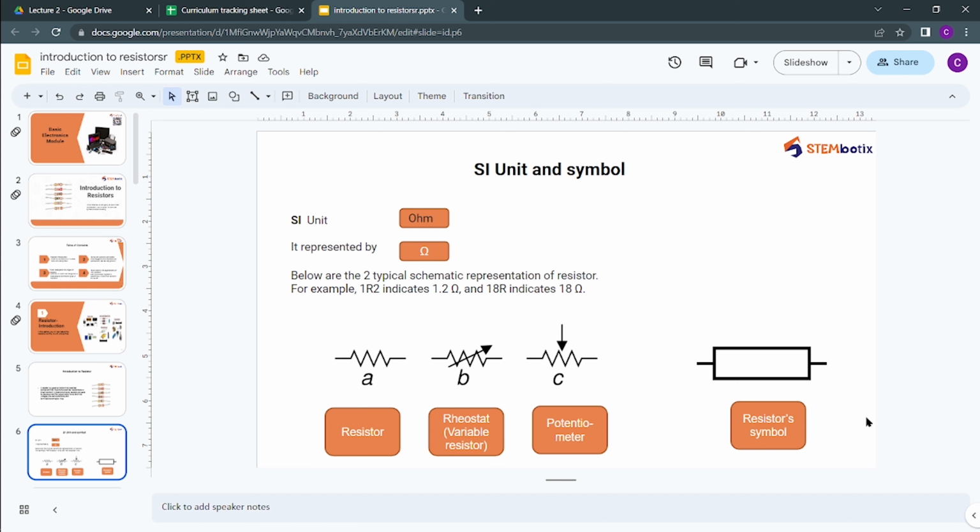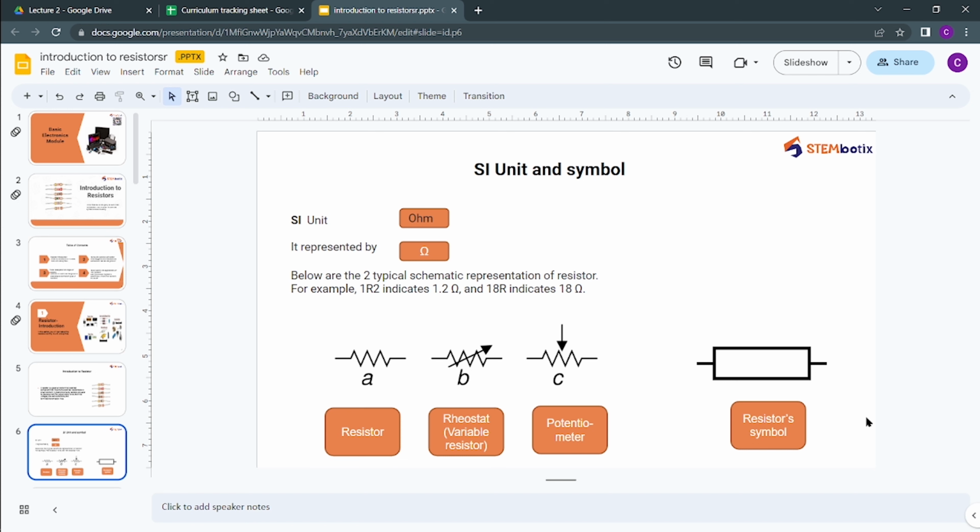The first one is a simple resistor, denoted by A. Then there is B, which shows the schematic representation of a rheostat, which is nothing but a variable resistor. Then image C is for a potentiometer, and a rectangular box is sometimes used to represent a resistor in a circuit.